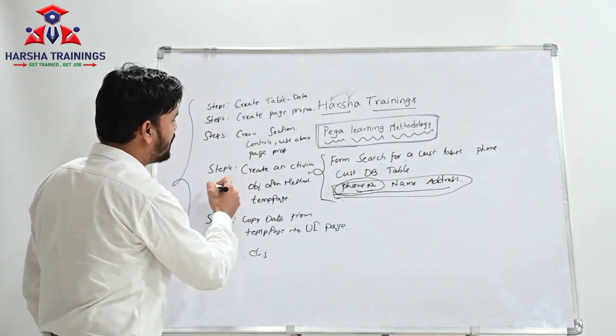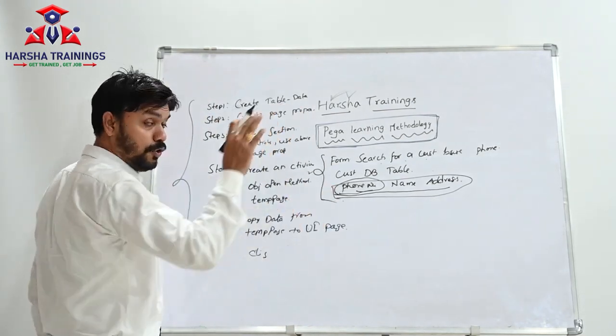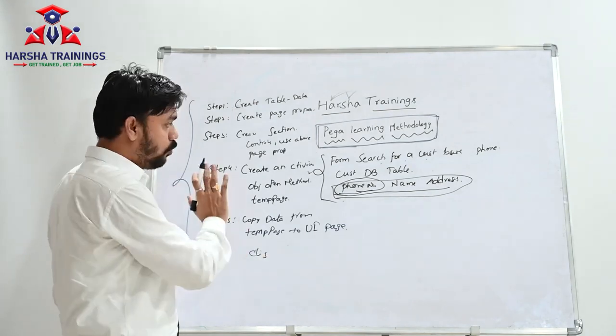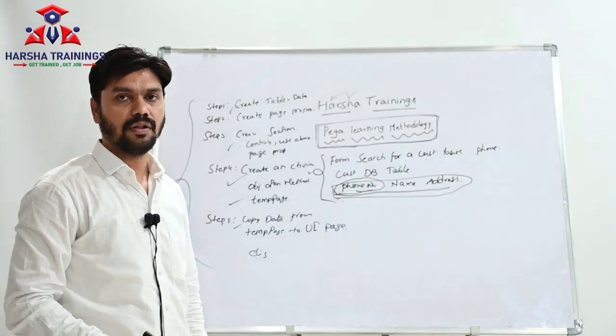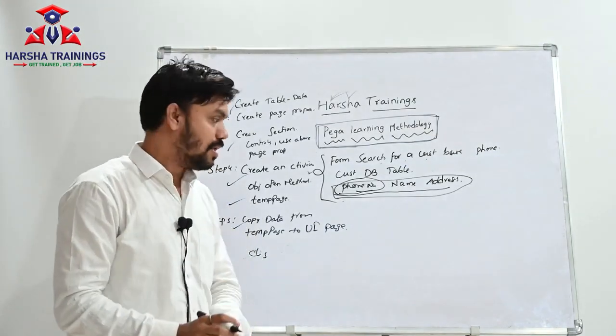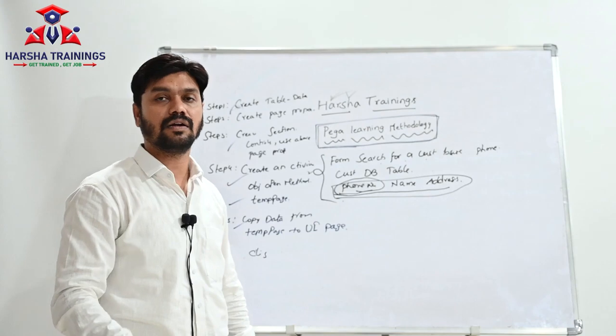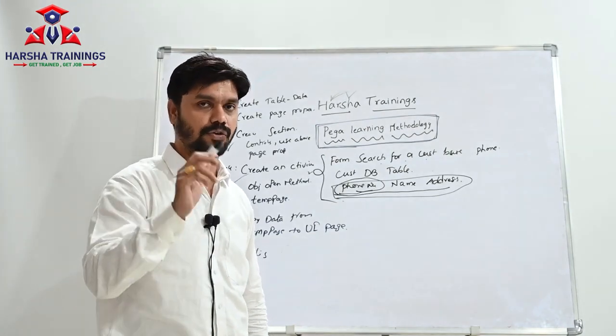If you face any issue with the output anywhere in between, you will be able to clearly understand how to troubleshoot and where to look for which step may have a failure. If you follow this methodology of learning, definitely you will be mastering PEGA for sure.